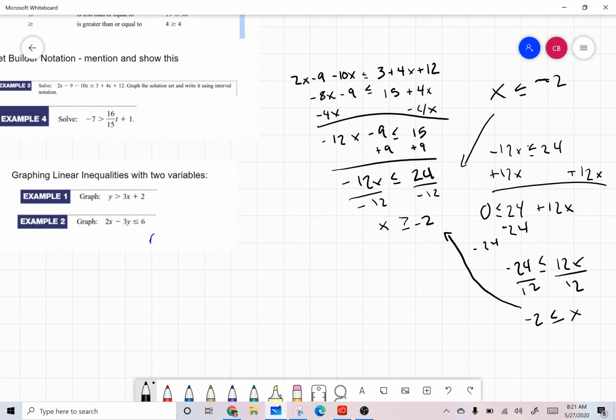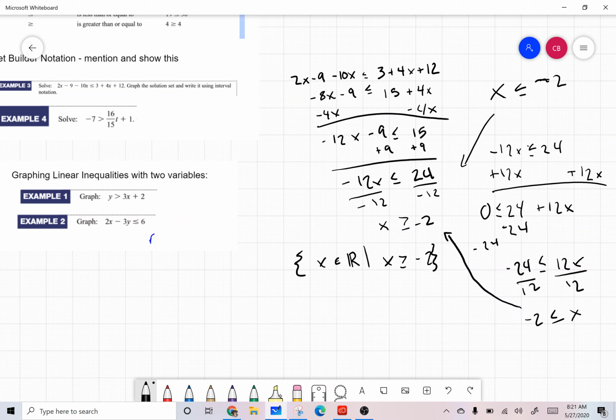But as for set builder notation, it says x existing in R such that x is greater than or equal to negative 2.